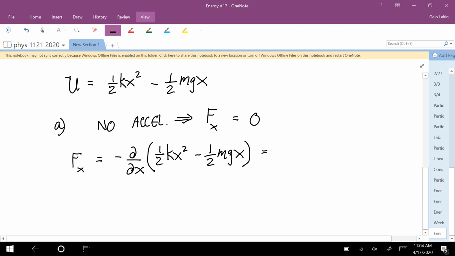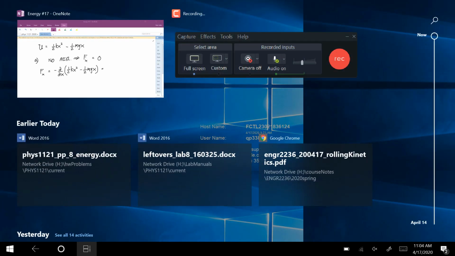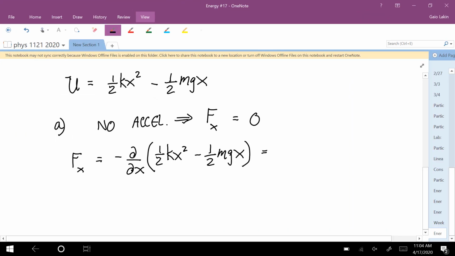And so that is negative kx plus 1/2 mg, and that has to be equal to 0.